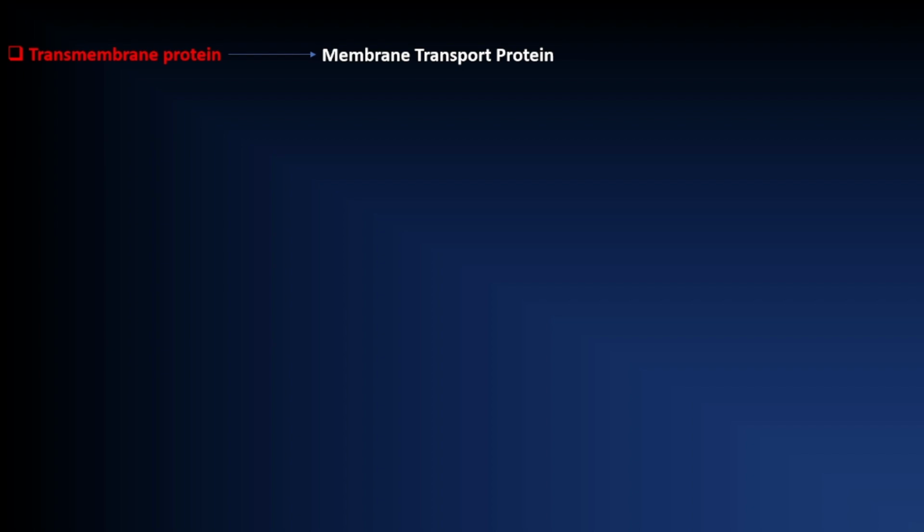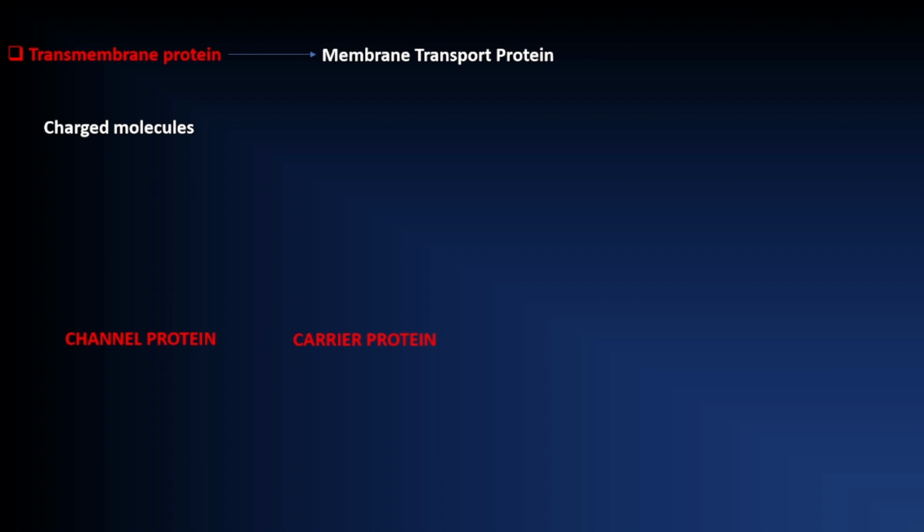There are two major classes of membrane transport proteins: channel proteins and carrier proteins. So some transmembrane proteins act as channel proteins and others as carrier proteins. The channel proteins form open pores through which the charged molecules travel in or out of the cell.